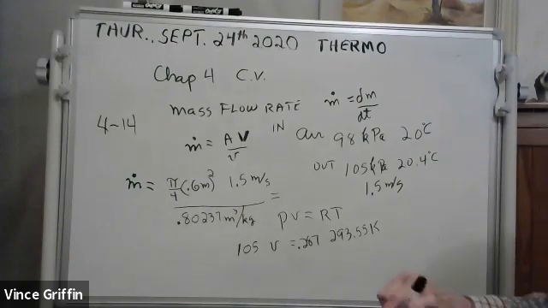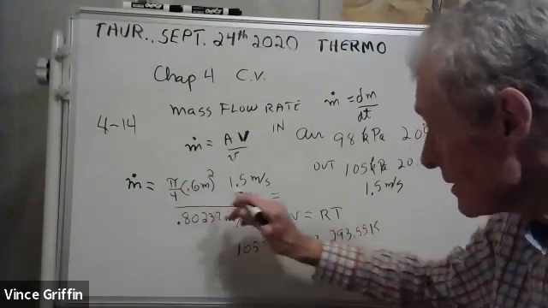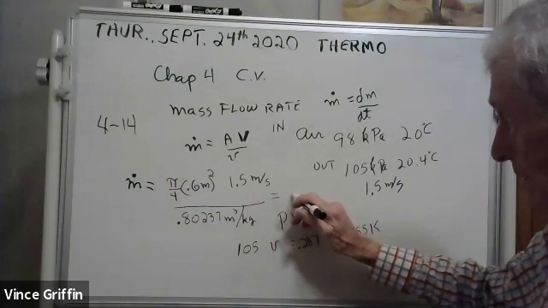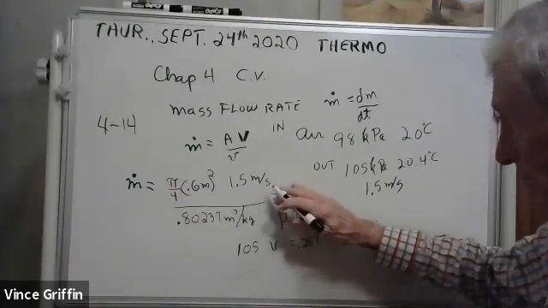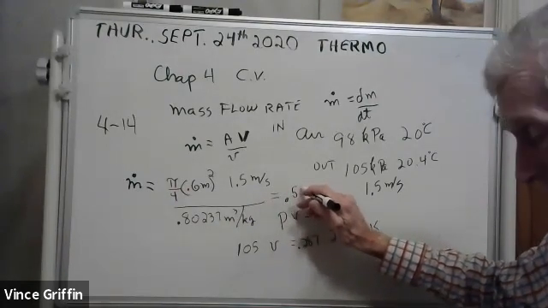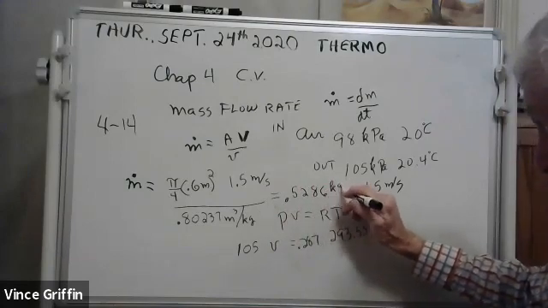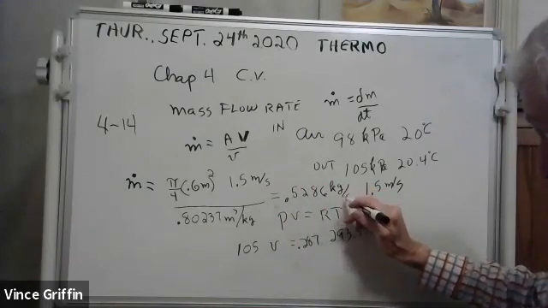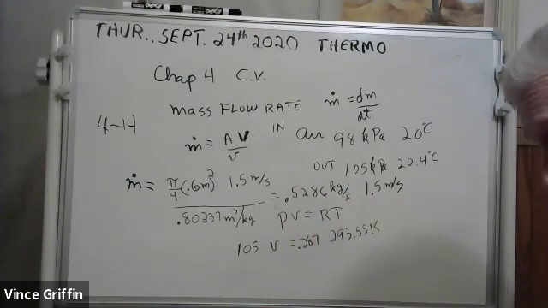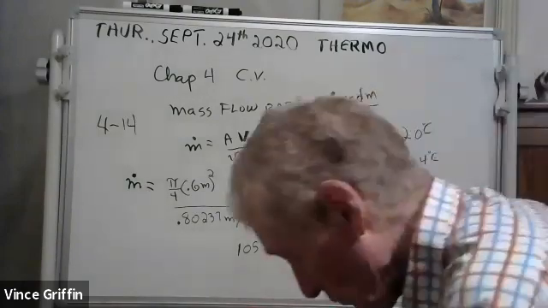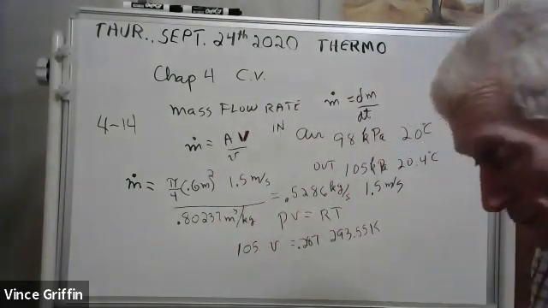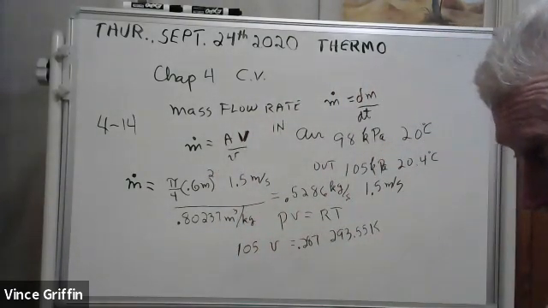And I'm getting a mass flow rate of 0.5286 kilograms per second. That's the correct answer.